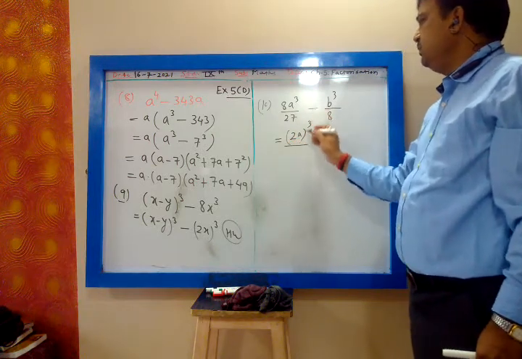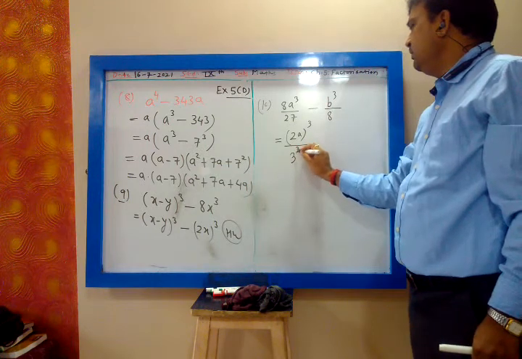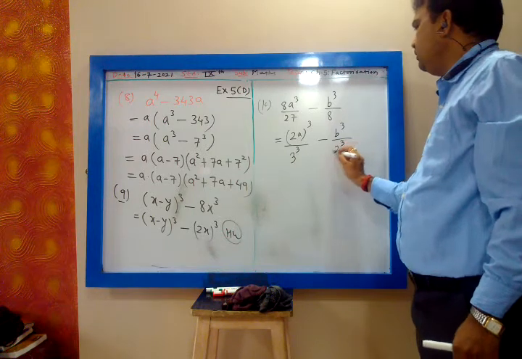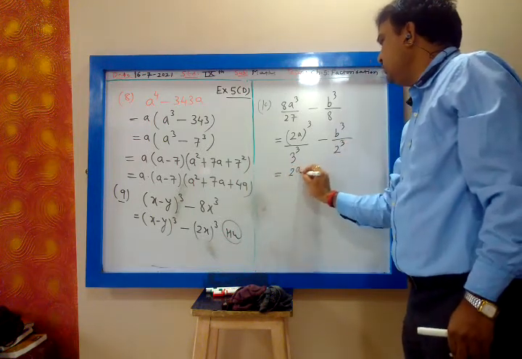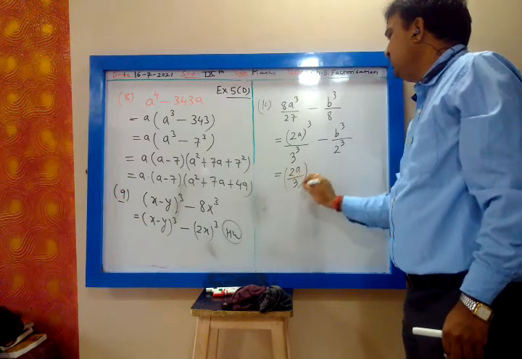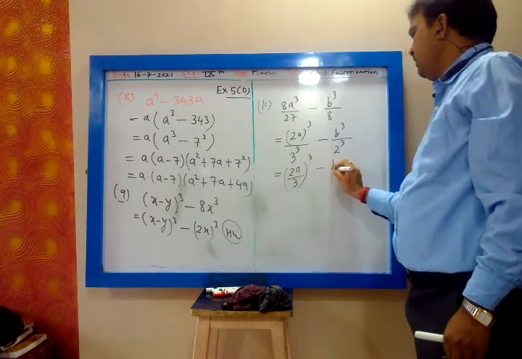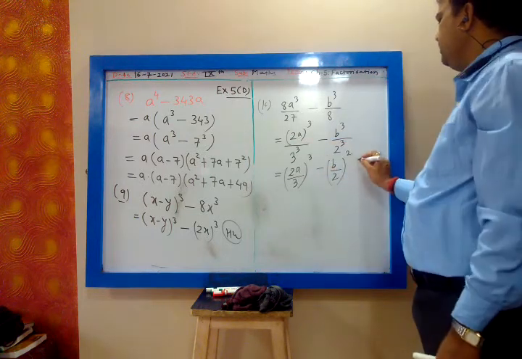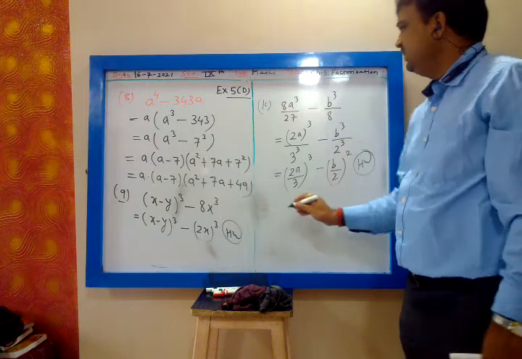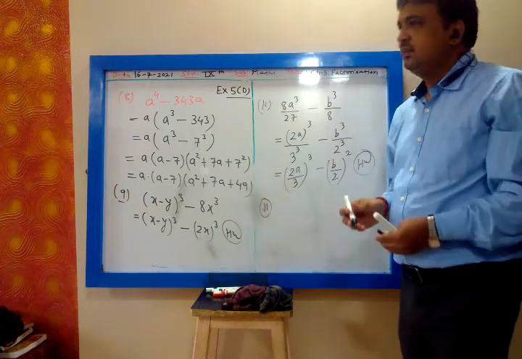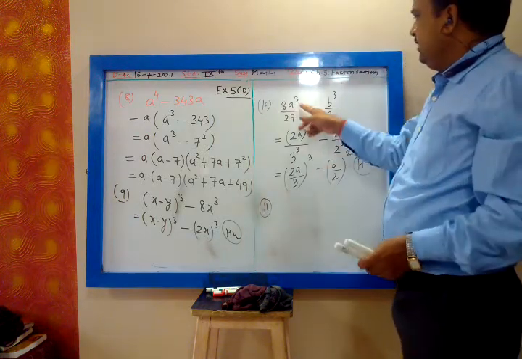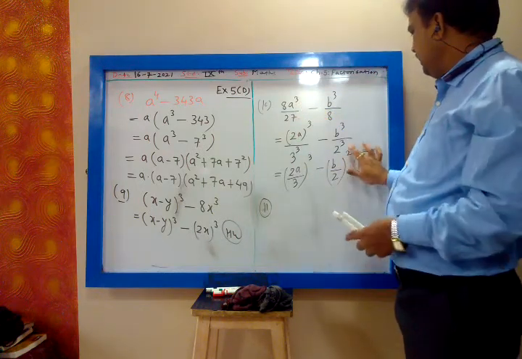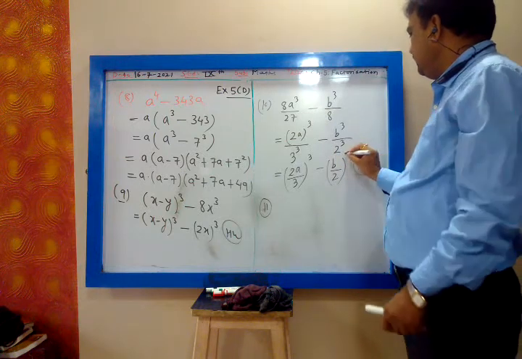Let me write one more step. 2a whole cube, then this is 3 cube, then b cube upon 8, and 8 I can write as 2 cube. So this I can write as 2a upon 3 whole cube minus b upon 2 whole cube. Then the further part will be homework. Sorry, yes, it is cube.